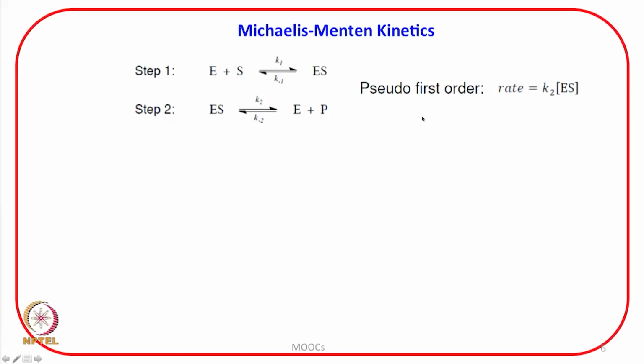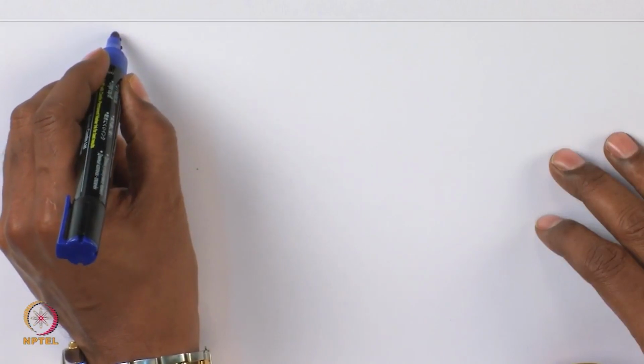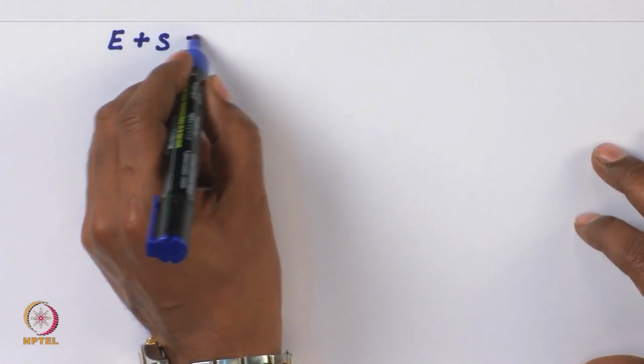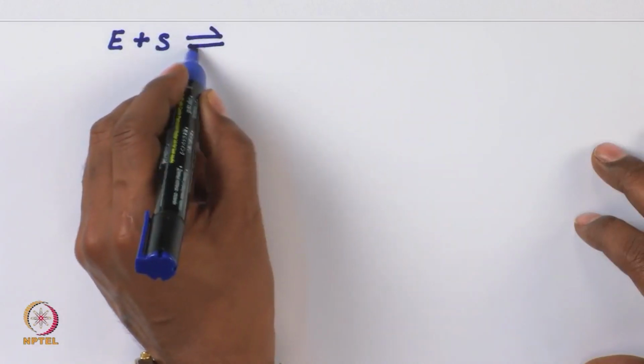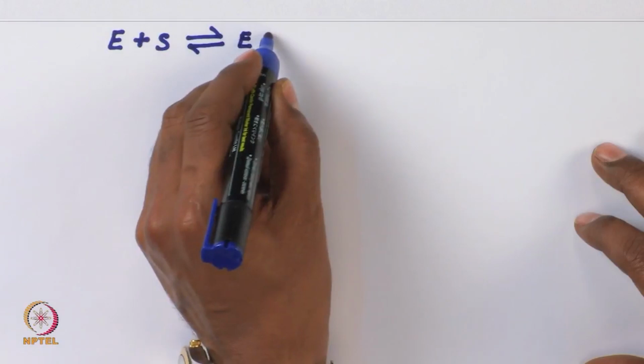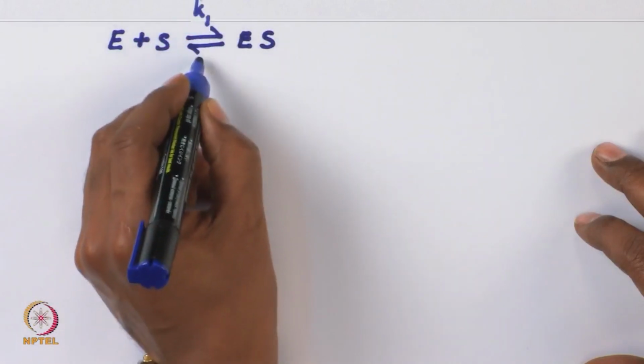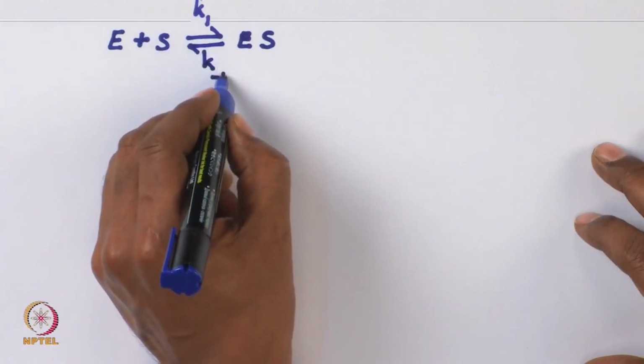If we consider that, our mathematical treatment will be like this. We have enzyme plus substrate. This will form an enzyme substrate complex, and let the rate constants be K1 and K minus 1.